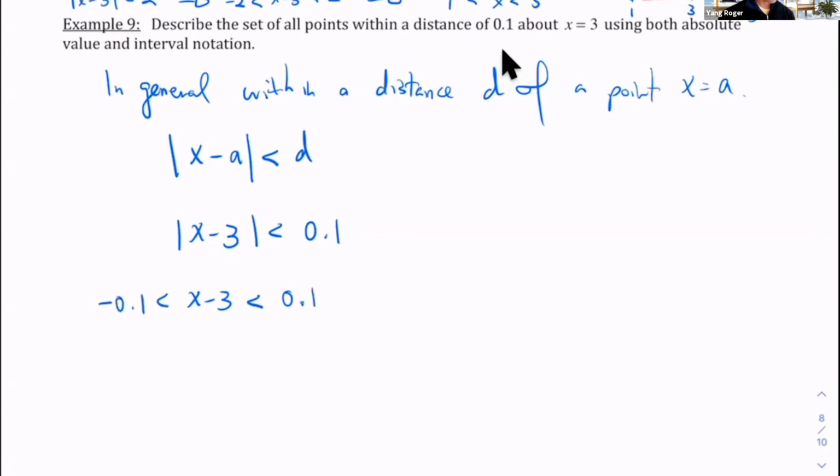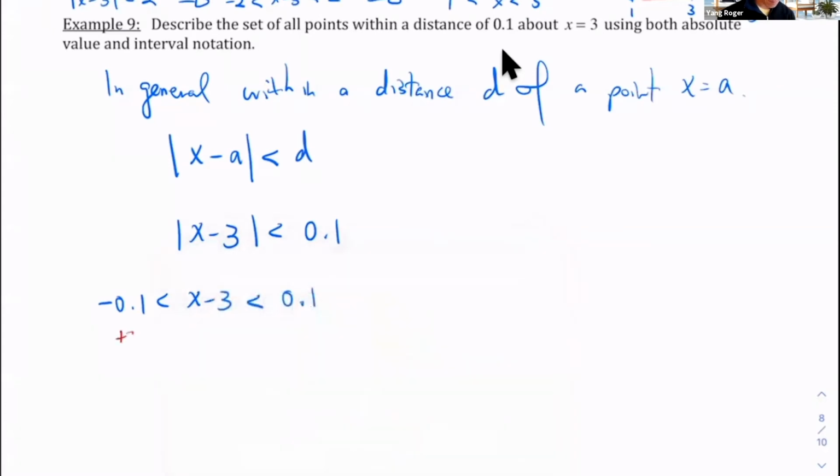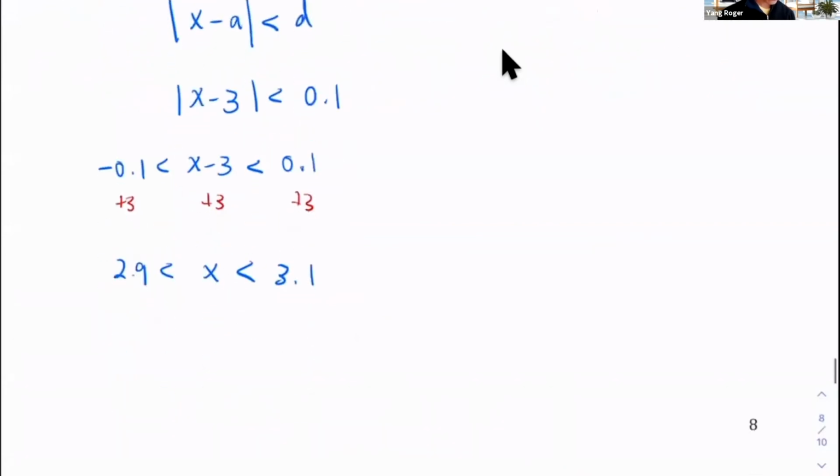And then finally, what we want to do is add 3 across. So then we get a nice inequality. So if I add 3 all the way across, we're going to get the following. We're going to get 2.9 less than x less than 3.1.